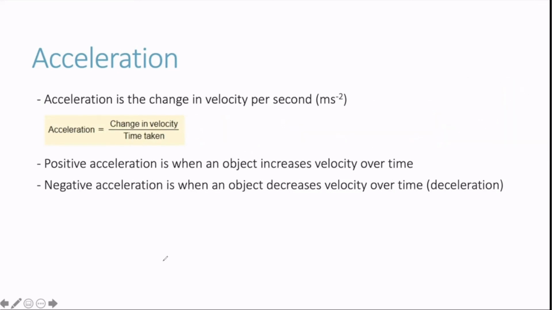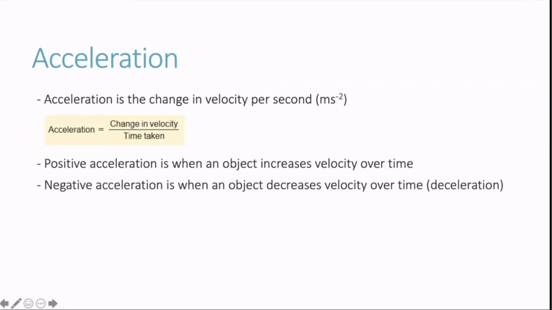Now moving forward, friends, I hope you understood what positive acceleration is and what negative acceleration is. Acceleration in simple terms is change in velocity per unit time, that is per second.